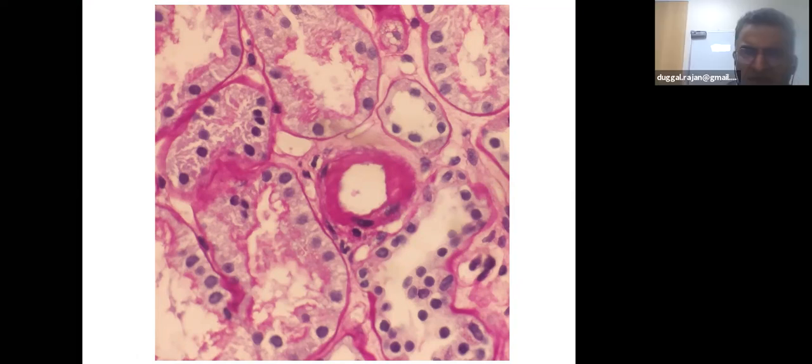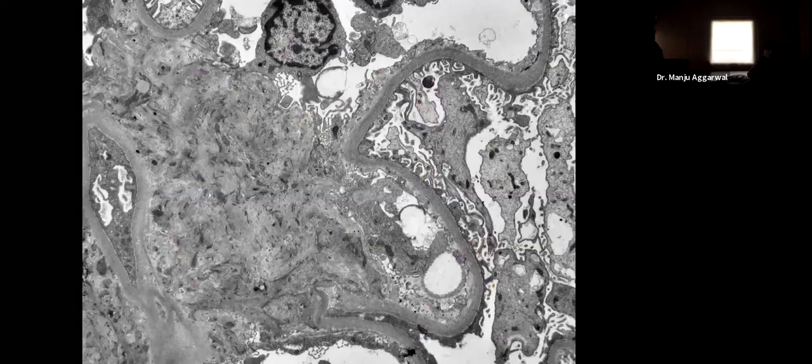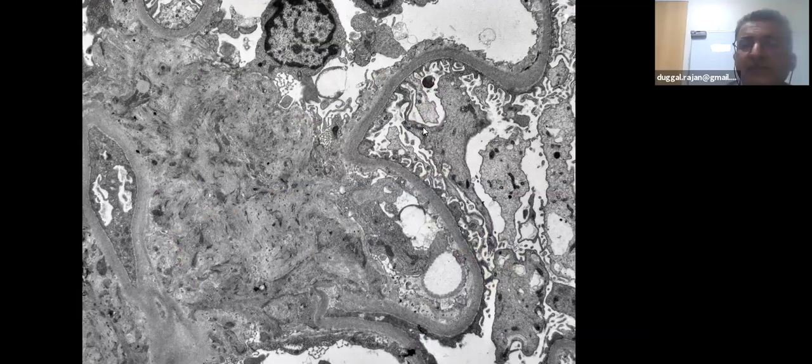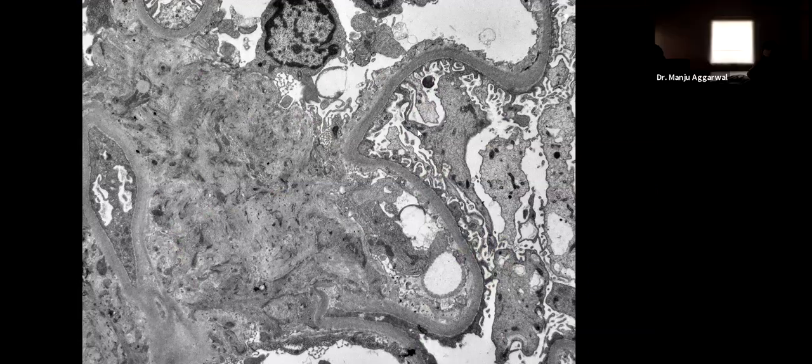Looking at the vascular changes with a history of hypertension, and proteinuria of 1.8 grams, which is not significant, I thought that we can explain everything by hypertensive nephrosclerosis. But the important thing is that in these cases there is a significant role of microscopy, because the EM showed the foot processes.